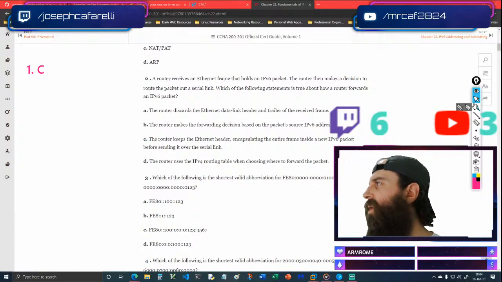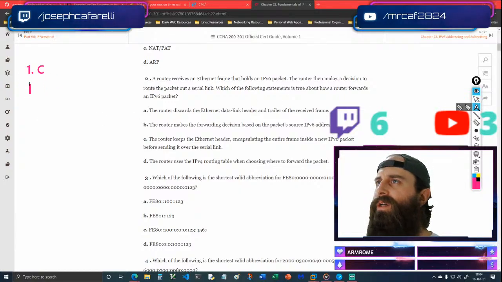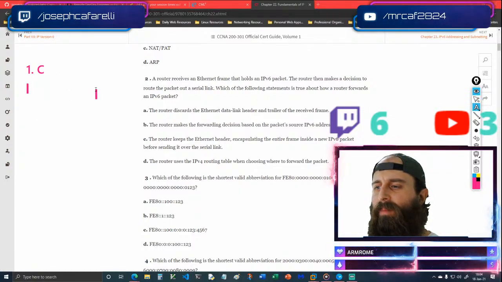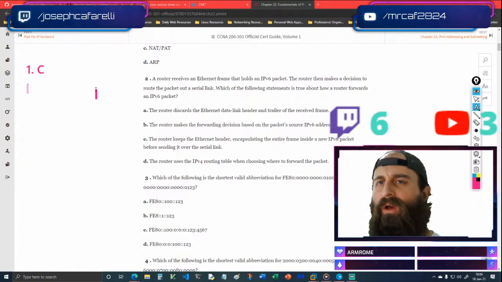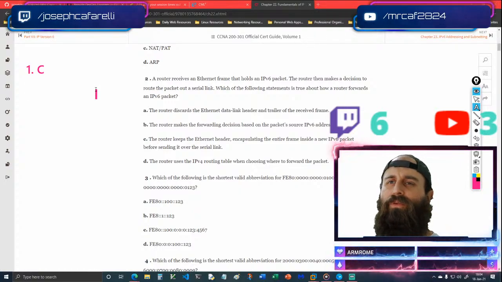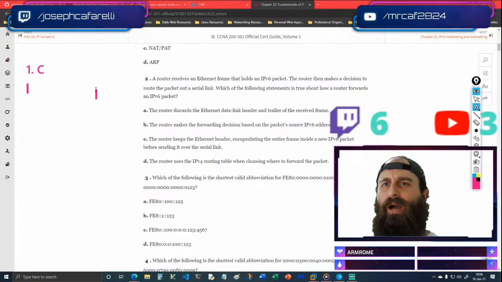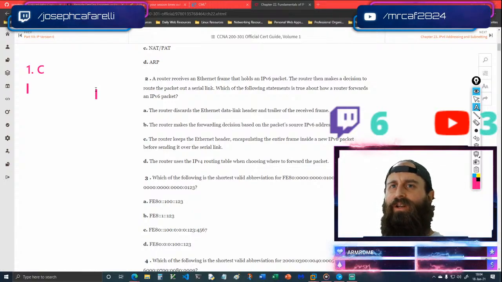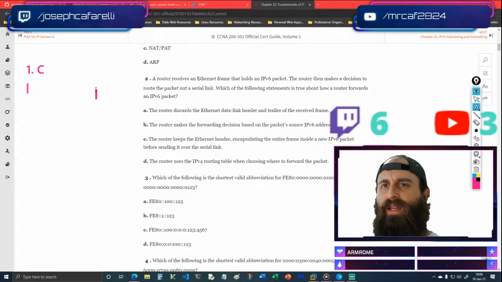Let's go with A on that one, guys. Similar to how IPv4, when a router receives a frame, it's going to de-encapsulate that frame. It's going to discard that Ethernet header and trailer and take a look at that packet.